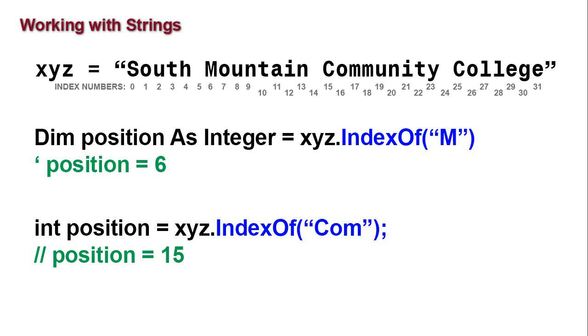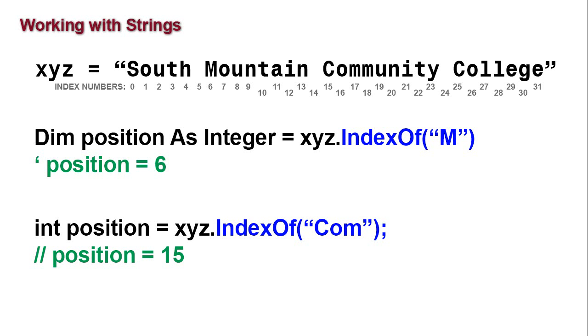And it's going to look for the first uppercase M that it finds in my string of xyz. And what's going to return is the character location. In this case, it's going to return a 6. It's the 7th character, but we start counting with 0, so it's character number 6.